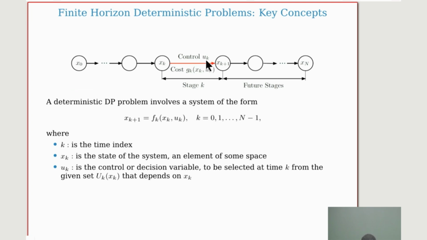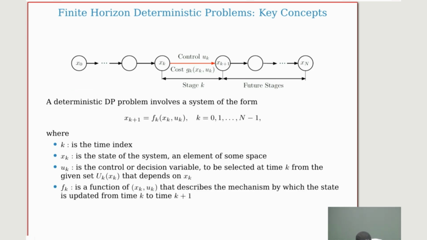So at stage k you will have a set of controls to be considered, then you go to the next stage, and then you have a set of controls Uk plus 1(xk plus 1), and so on. And fk is a function of xk and uk that describes the mechanism by which the state is updated from time k to k plus 1.